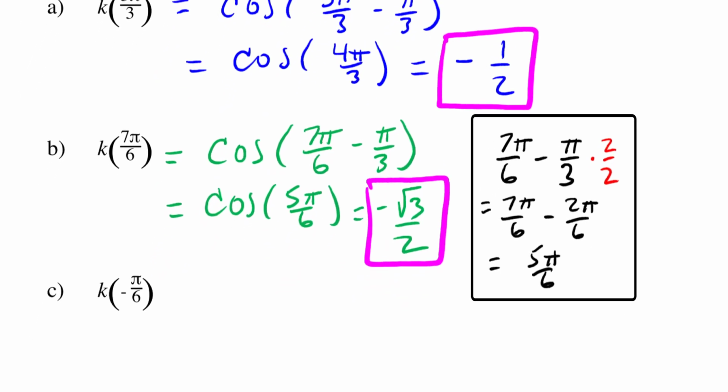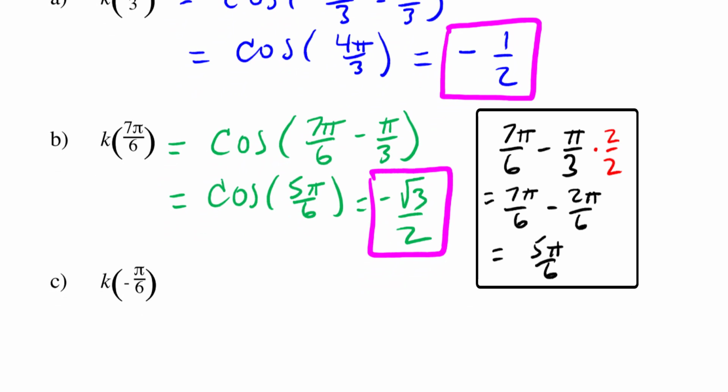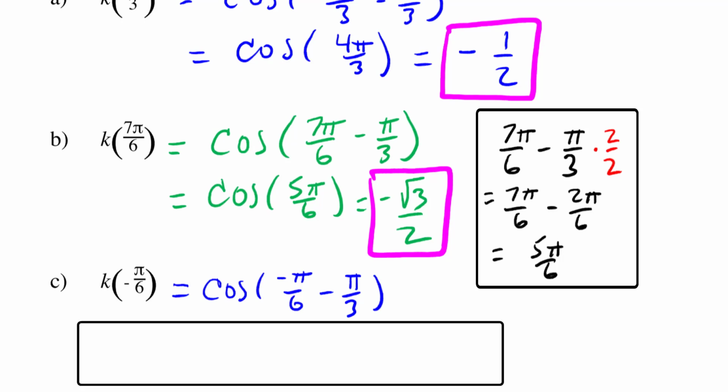Let's do the same for k of negative pi over 6. That goes in the first value, cosine of negative pi over 6 minus pi over 3.